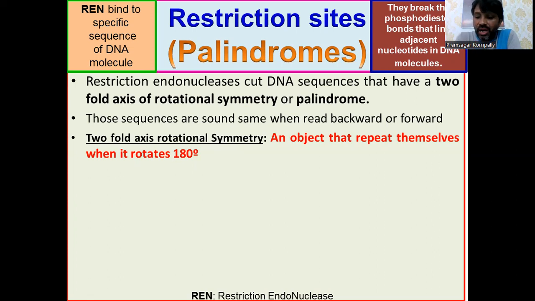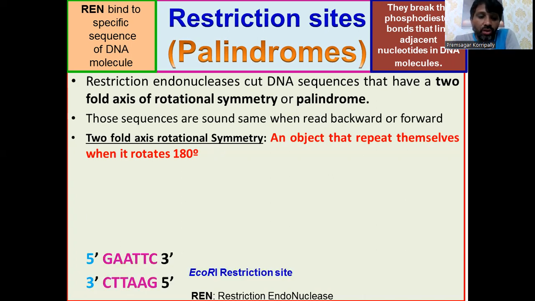right? So I'm going to explain this palindrome or twofold axis rotational symmetry with the help of the EcoR1 restriction site. As you all know, the EcoR1 restriction endonuclease restriction site is GAATTC. I'm reading from 5' to 3'. 5' means 5' phosphate, 3' means 3' OH.